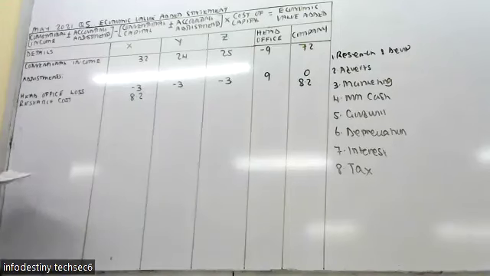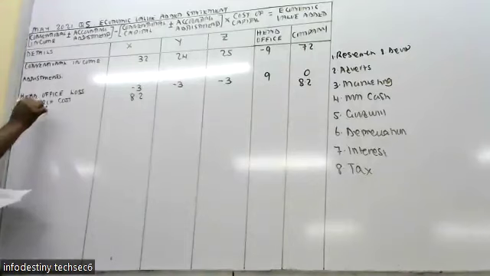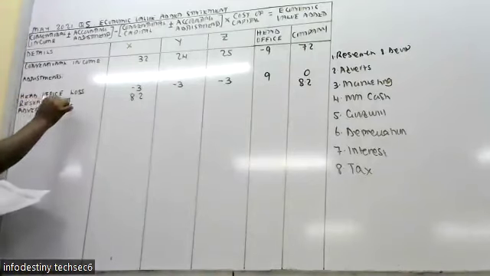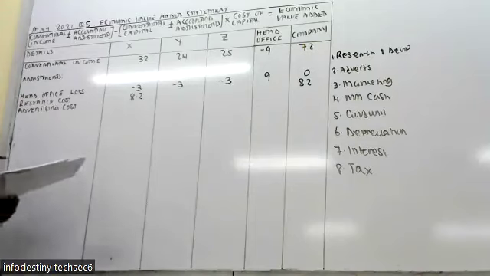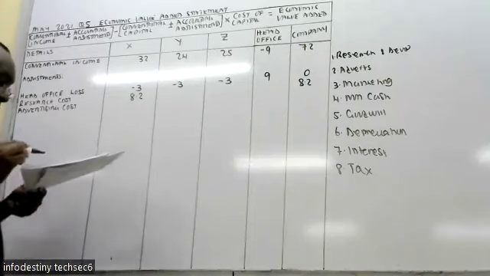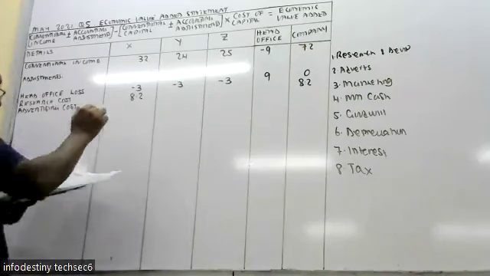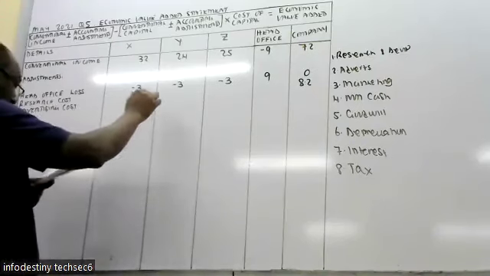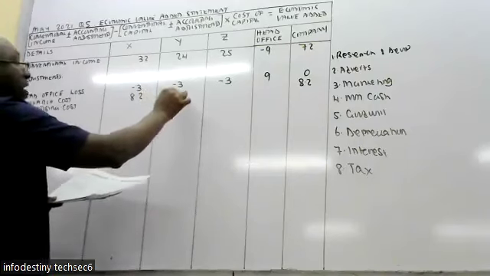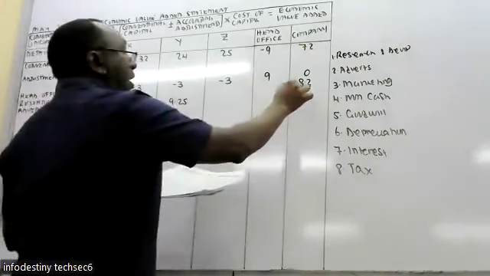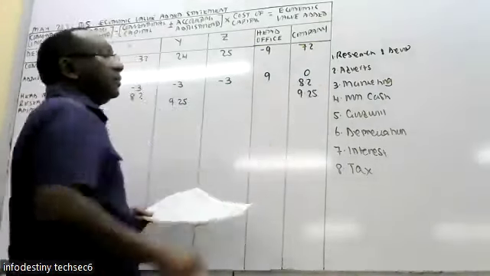Tukienda information 3, we find advertising costs. Advertising costs is 9.25, which is only in division Y. It's only in division Y, 9.25. So kibia hapa 9.25.